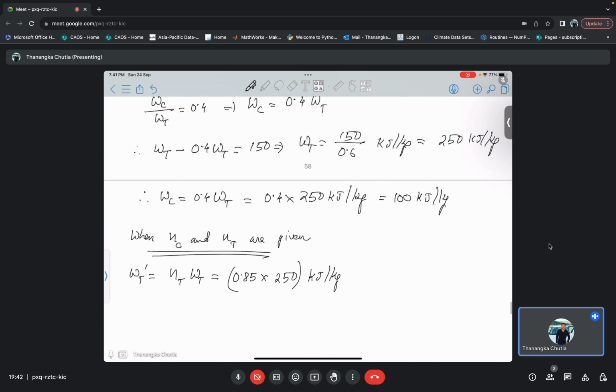We'll calculate it later on. WC prime is eta c into WC, that is 0.85 into 100 kilojoule per kg.